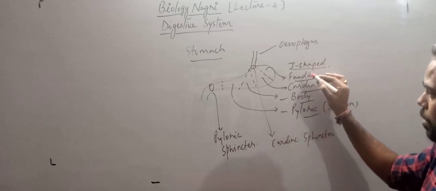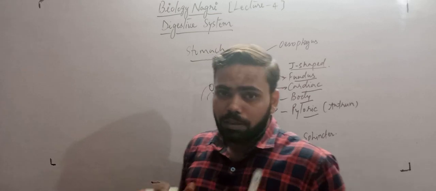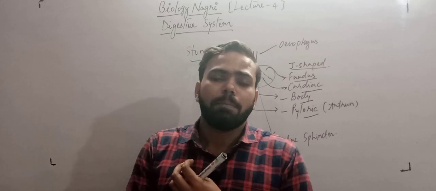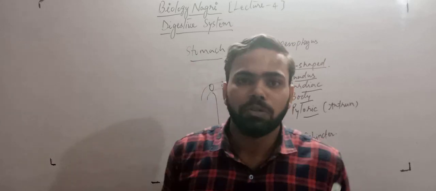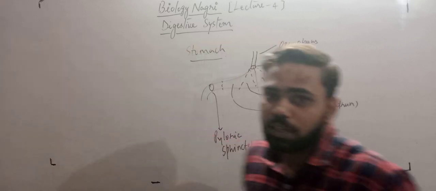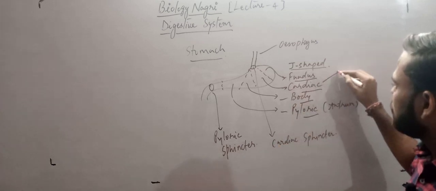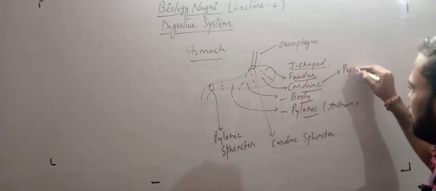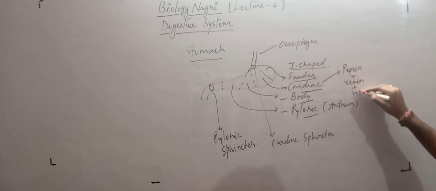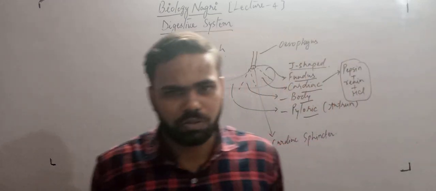All of our stomach contains gastric glands. The gastric glands present in the fundus part secrete basically mucus and gastric juice. But the gastric glands present in the cardiac part release pepsin, renin, along with HCl, and a very small amount of mucus also.